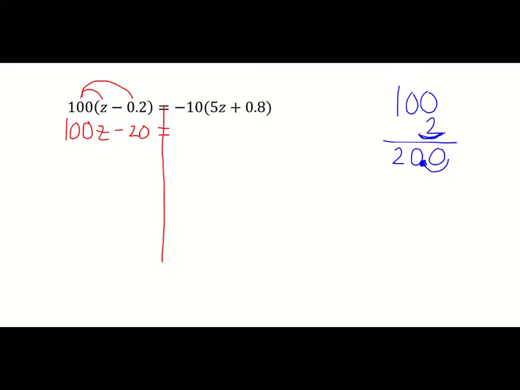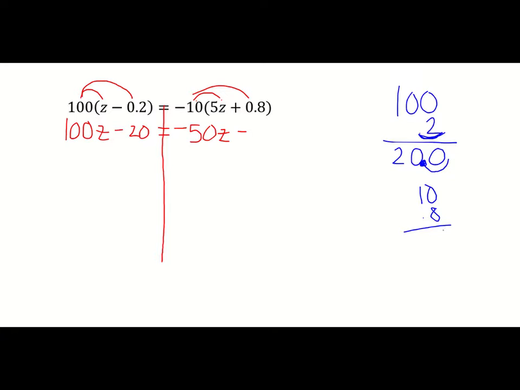equals, and now on the right hand side I'm going to distribute the negative 10. So negative 10 times 5z would be negative 50z. And then negative 10 times a positive 8/10. I know that'll be negative, but then multiplying out 10 and 8/10, again off to the side here, 10 and 0.8.